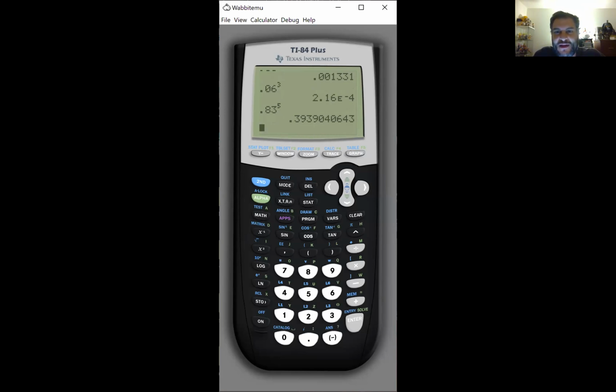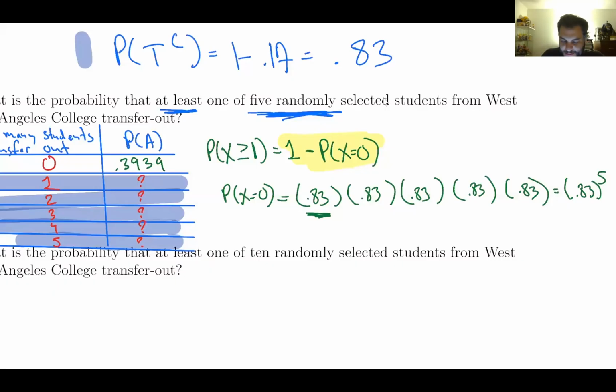All right, so let's go ahead and flash back to my notes. So if you notice, I now have this filled out. We have the probability that X is equal to 0. I still don't know the individual ones.